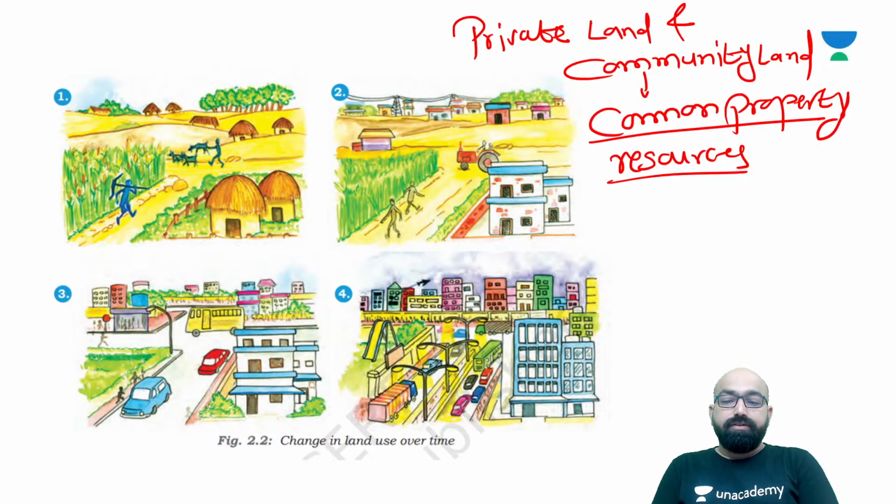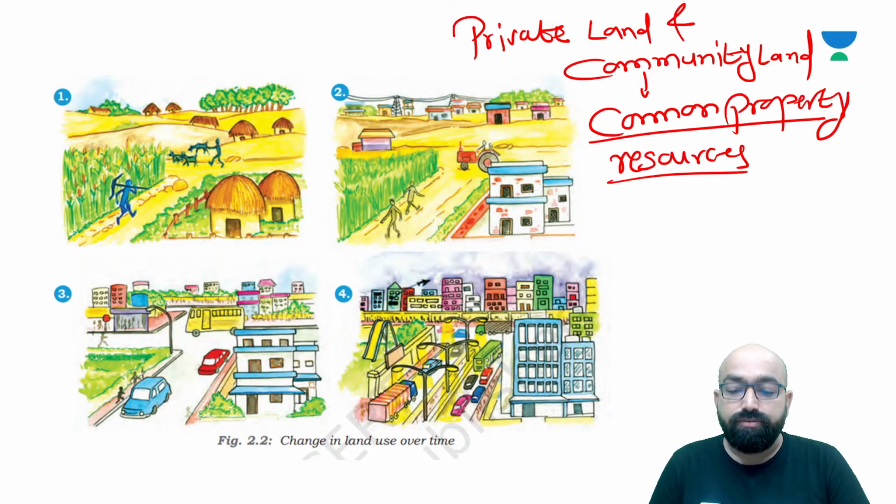So people started encouraging the common lands to build up commercial areas, housing complexes, especially in the urban areas, and to expand the agriculture land in the rural areas. So today, the vast changes in the land use pattern also reflect the cultural changes in our society.